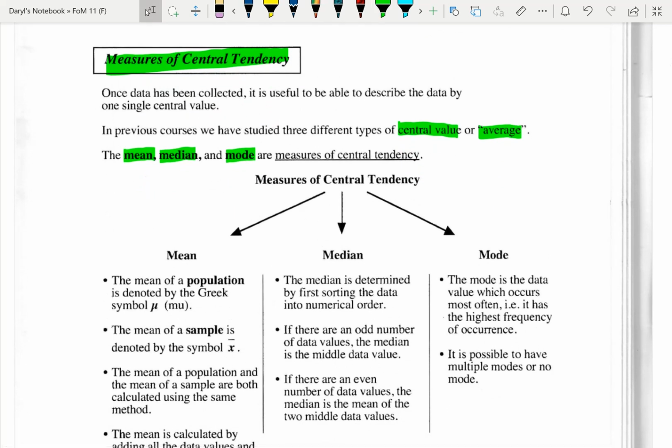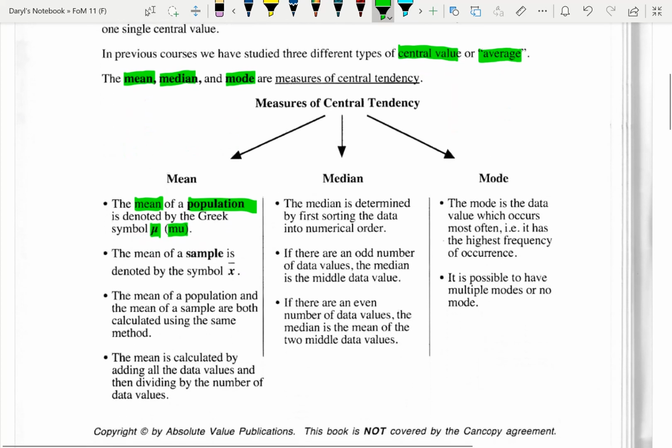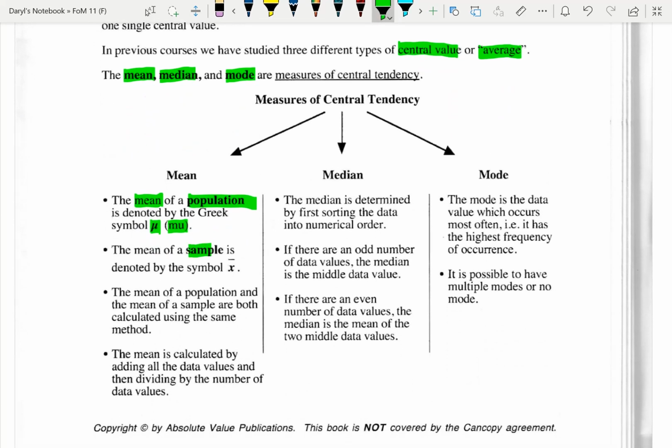The mean of a population is given by the symbol mu, and the mean of a sample is denoted by an X with a line on top.